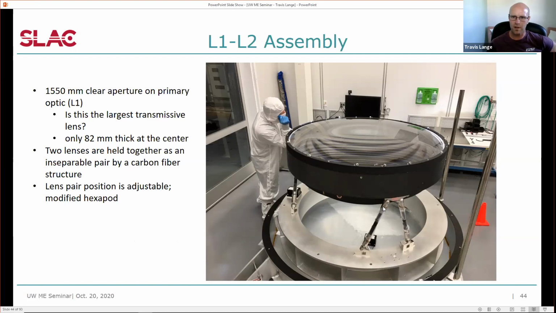It's not a true hexapod, but it allows us to adjust the position of the lens cell like a hexapod, so it has 6 degrees of freedom. So we can set the location of the axis of this lens pair relative to the L3 and the focal plane. Getting all those things lined up is a very critical part of the camera assembly.